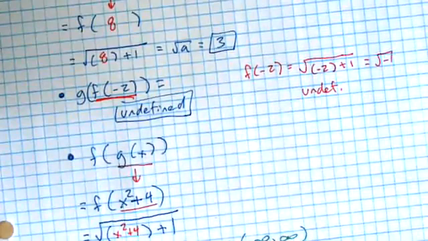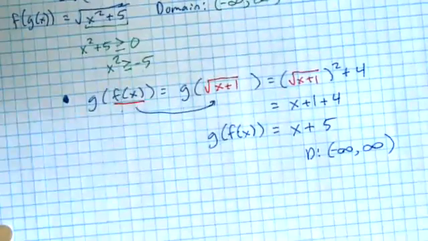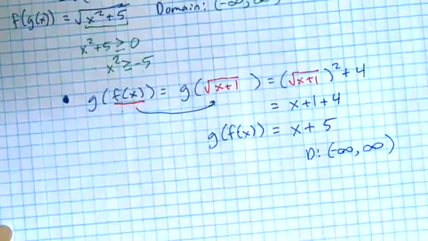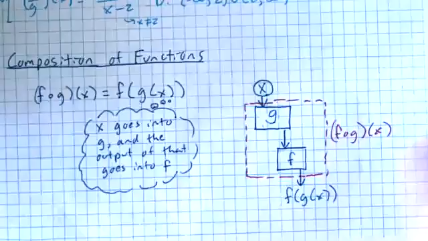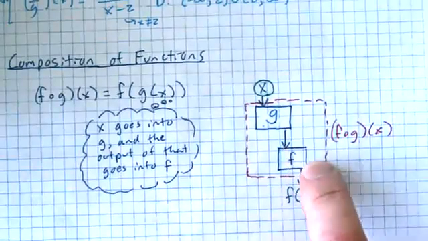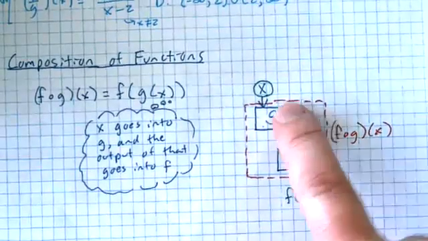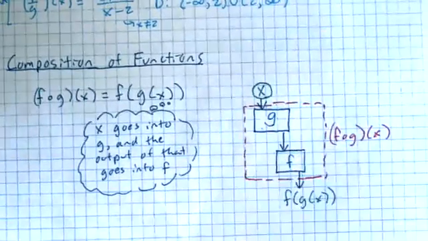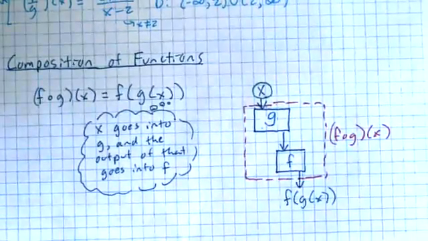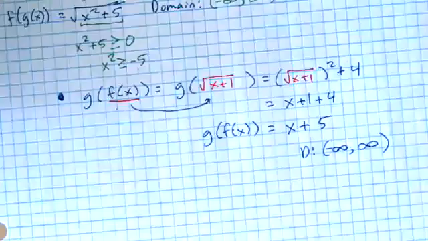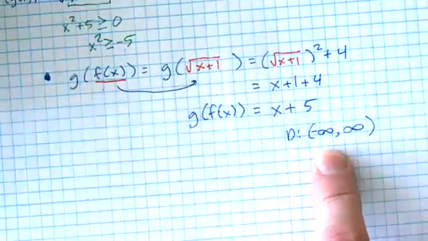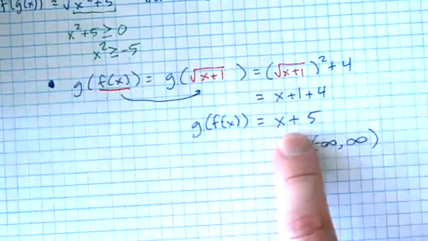What we got to remember is that when we're doing this, we're taking that input. Don't forget the big picture here. We're taking an input and we're running it through two different functions, okay? If we break either one of these, then the whole factory doesn't work, correct? So when we're talking about the domain for composite functions, it's not enough to just look at the final output.